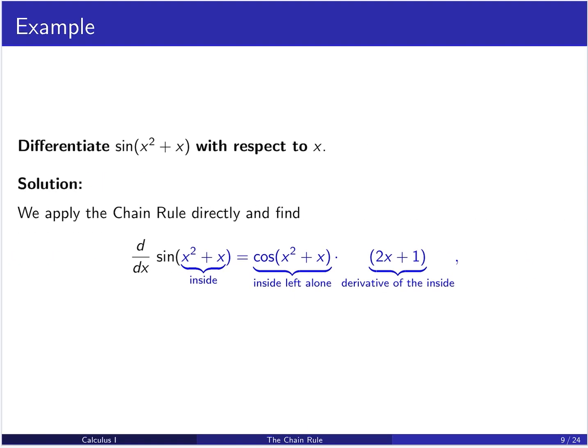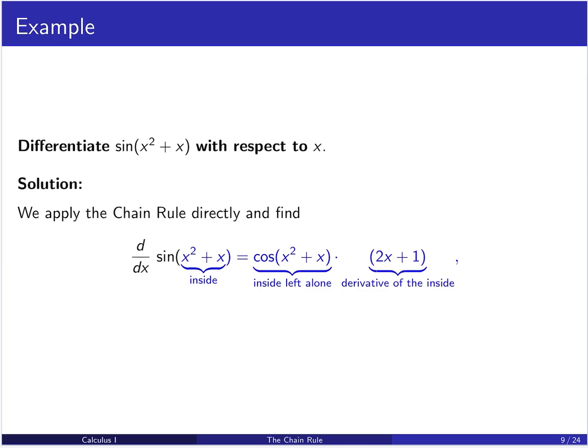Let's do our first example here. Differentiate sine of x squared plus x with respect to x. So step 1, the outer function is the sine function. Differentiate sine and you will get cosine. But the inside stays locked.